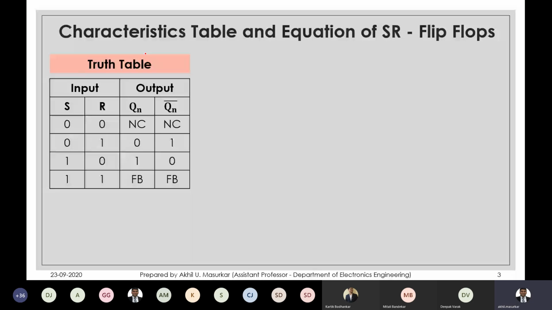Like we know, S is 0, R is 0, we have a no change condition, and when 0 1 we have a reset, and 1 0 is set, and the last one is the forbidden condition. We don't operate SR in 1 1. Generally we don't care what this is. So just write this.